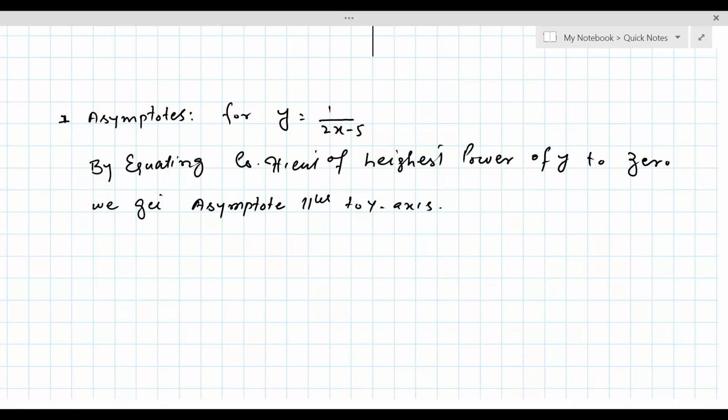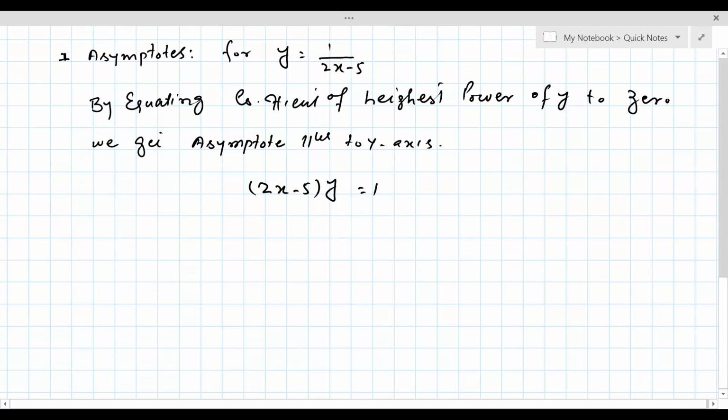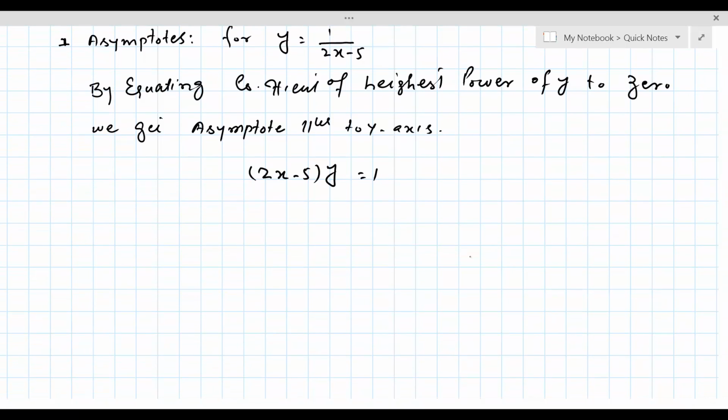So if we write this equation in this form here, 2x minus 5 times y equal to 1. What is the coefficient of y? The coefficient of the highest power of y is 2x minus 5.